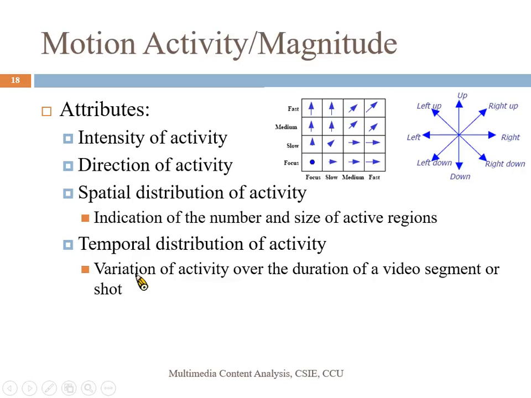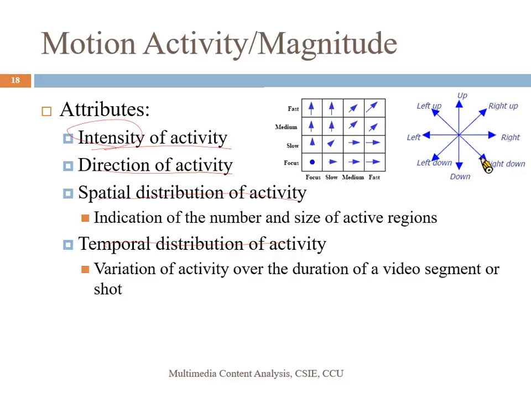We can also measure the intensity or magnitude of the motion, like the intensity of activity, direction of activity, and the spatial and temporal distribution of activity. The spatial distribution means we jointly consider the intensity as well as the orientation, the direction of this motion.